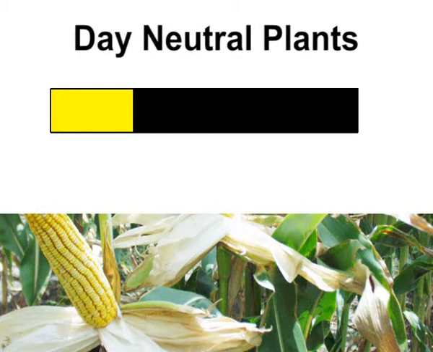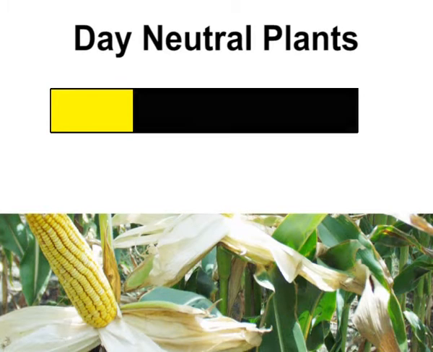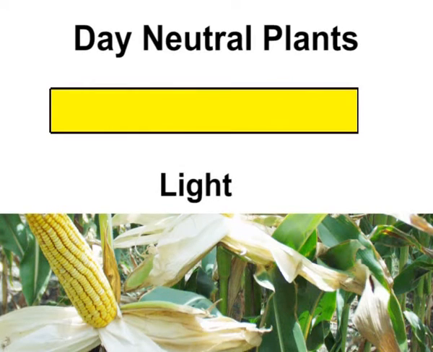Day-neutral plants flower in all possible photoperiods, ranging from a few hours to 24 hours of uninterrupted light exposure. We may say that flowering in such plants is not based on day length.